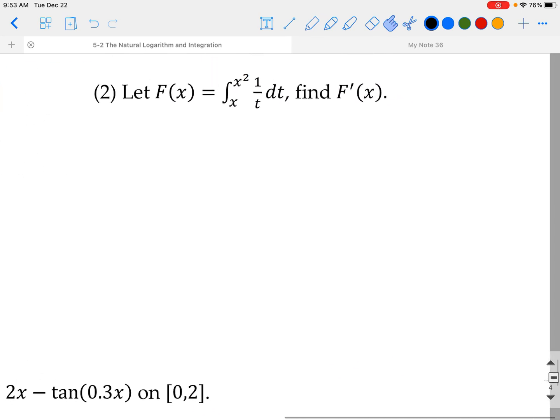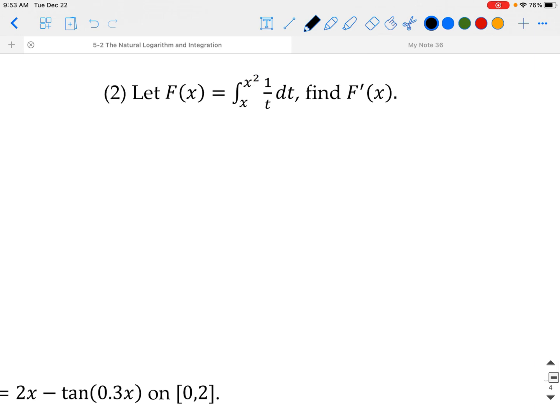For number 2, however, we have 2 variable expressions. So we'll just note that if we were to evaluate this integral, we would get, let's use a different letter, the antiderivative of 1 over t at x squared minus the antiderivative evaluated at x.